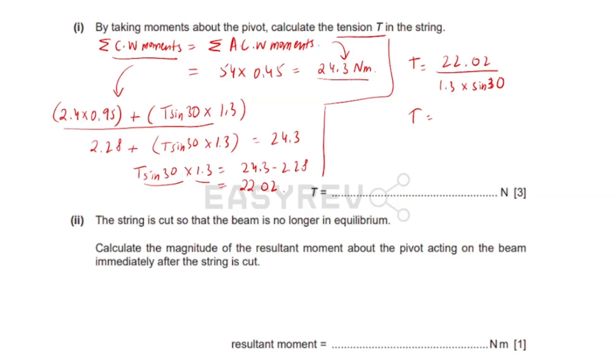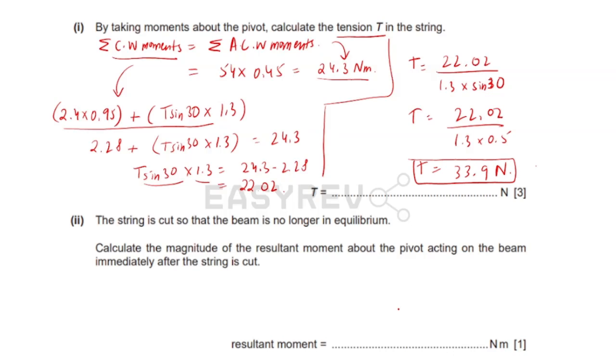So we know that sine 30 is basically half. So 22.02 divided by 1.3 times 0.5. And now what do we get? We get 22.02 divided by 0.65 and then you will get tension is equal to 33.9 newtons.